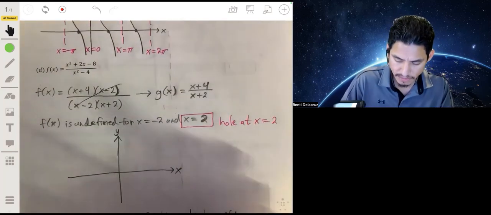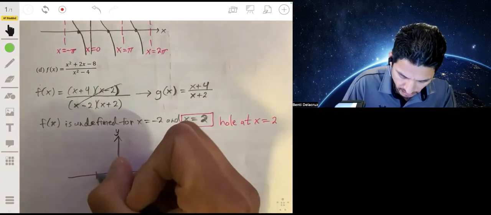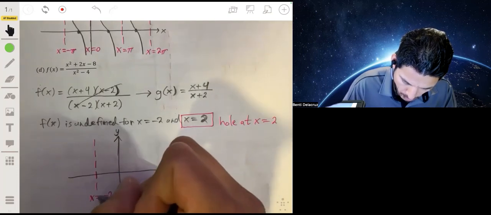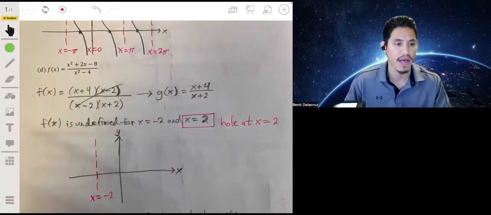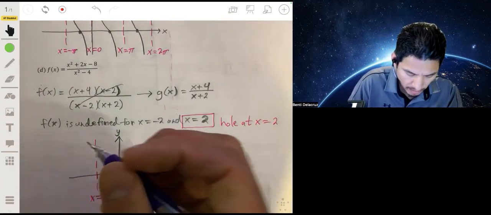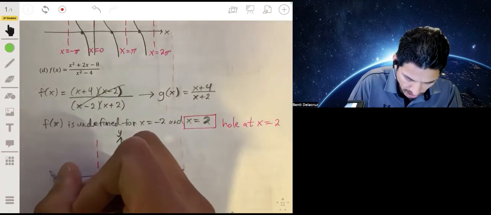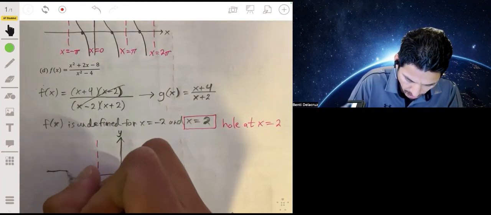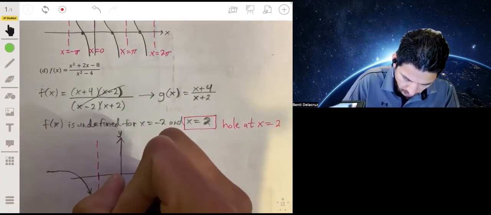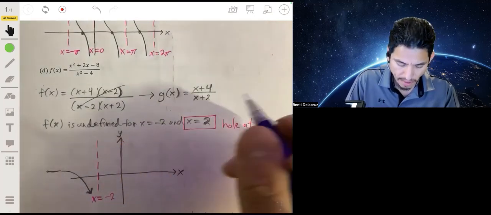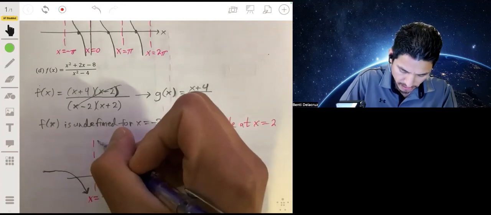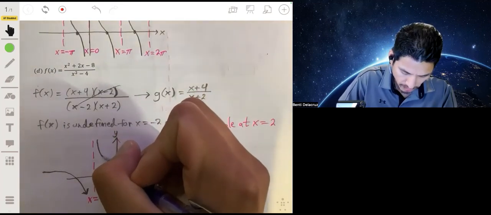And you're going to have an asymptote at x equals negative 2, because we weren't able to remove that. So what this graph is actually going to look like, if you plug in values, is the graph approaching the asymptote at negative 2 from the left side, going downwards like that. And then from the right side, it would be doing something like this.